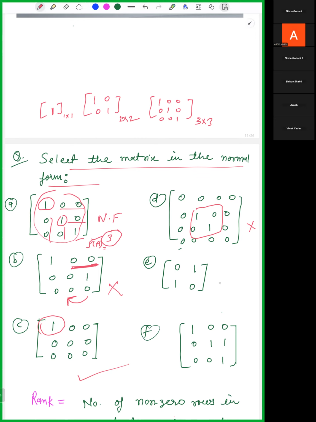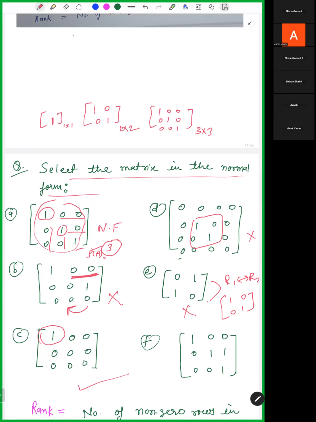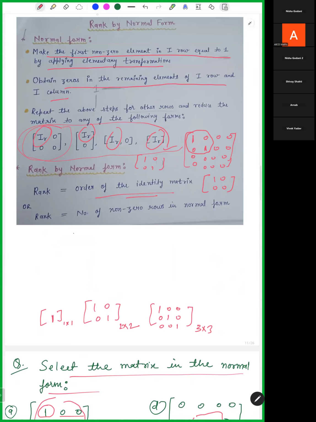So if you interchange R1 and R2, then you will have normal form. Why? You will have the identity matrix 1 0 0 1, an identity matrix of order 2. But at present, there is no identity matrix of any order, so this is not in normal form. You have to keep in mind the above forms that I have mentioned here. If you keep these in mind, then you will not make any mistake.